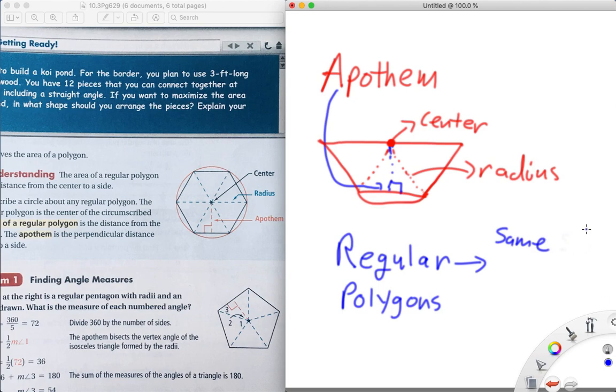More specifically, they have the same sides. All the sides around this polygon are the same. They also have the same angles. So regular polygons have congruent sides and congruent angles. Congruent sides and congruent angles make these regular polygons. And this particular section is going to deal with the areas of regular polygons.